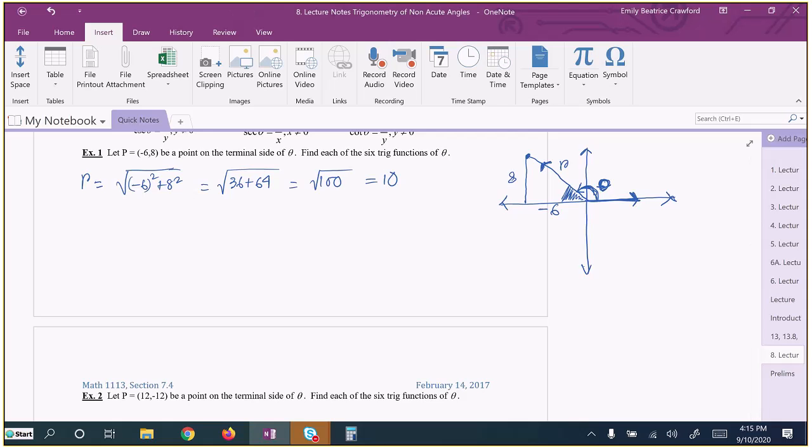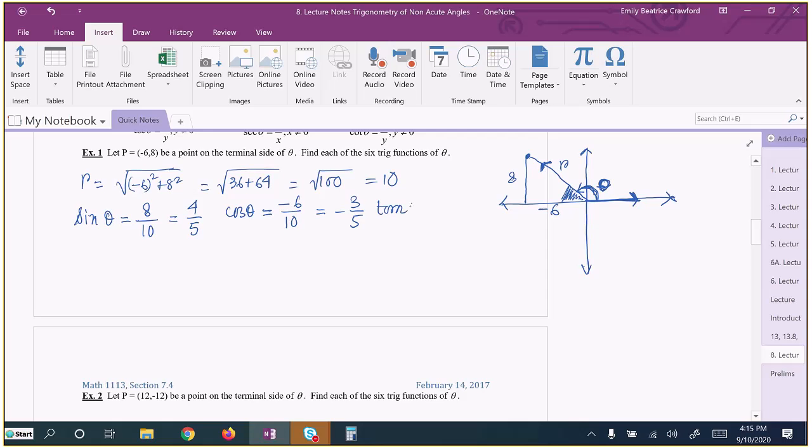So now I do what? I say then sine of theta is the opposite side 8 over the hypotenuse 10, and I can simplify that as 4 over 5. Cosine of theta is the adjacent side, negative 6 over 10, simplify that as negative 3 over 5.